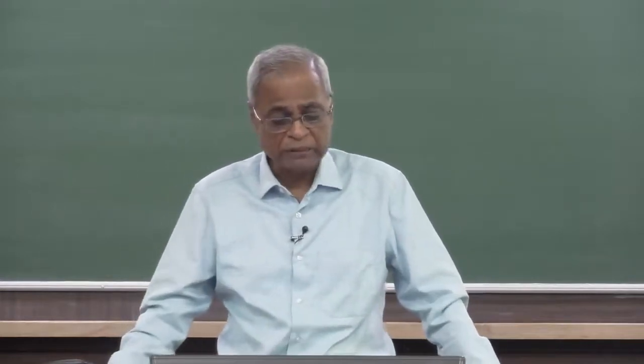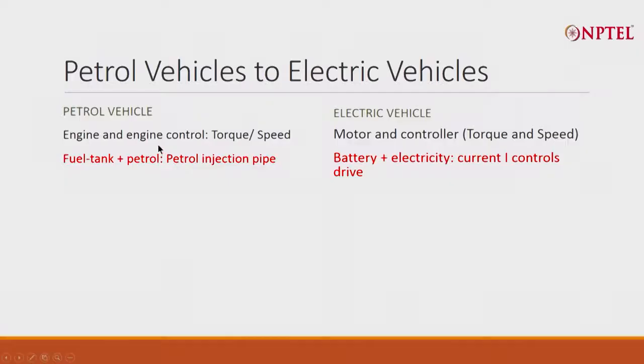But of course, the major energy used in a petrol vehicle is petrol or diesel, whereas here it is electricity. And in a petrol vehicle, the injection pipe is controlled by the fuel tank and petrol, and more or less petrol is taken and goes to the engine.